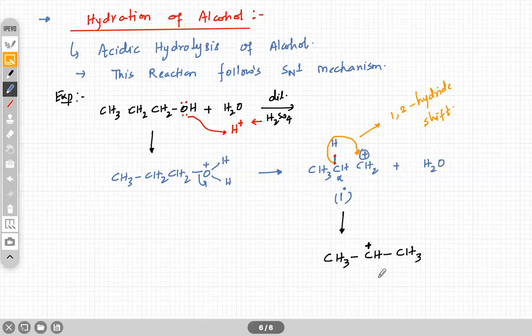Now, if you compare the stability of this one and this one, first of all, the second one becomes a 2-degree carbocation, which is obviously more stable. But if you look at the stability through hyperconjugation, we have 2 alpha hydrogens here, and here, if you count alpha hydrogens, it is 6. So obviously, it is far more stable than this one.